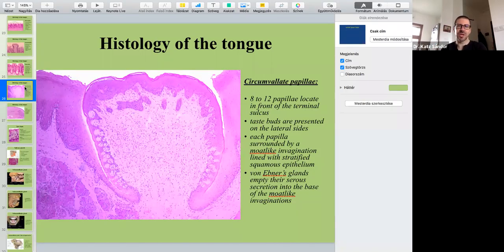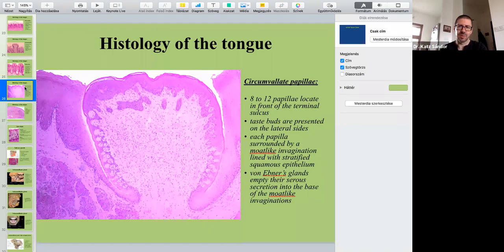That is a V-shaped structure, and at the tip of the terminal sulcus we can find a developmental remnant of the foramen cecum. You know the foramen cecum, it was just the remnant of a tube. It's a developmental tube, for the descent of the thyroid gland during development.